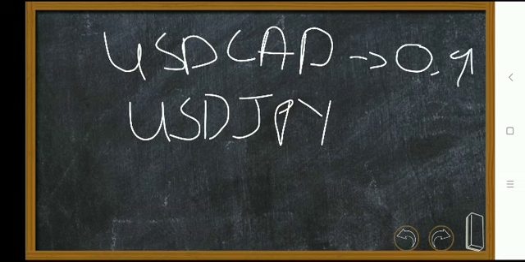Then for USD JPY, it may be 0.72. So the factors here are the lot size and also the currency pairs. Those are the factors which have an effect on the value of one pip.